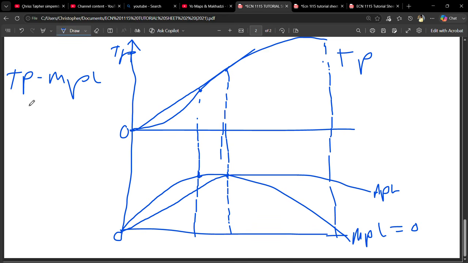To be increasing exponentially, we produce 2, 10, 50, just like that. That is exponential change. Then the moment marginal product reaches its maximum here at the point of inflection, it starts to decrease, right? It will start to decrease.